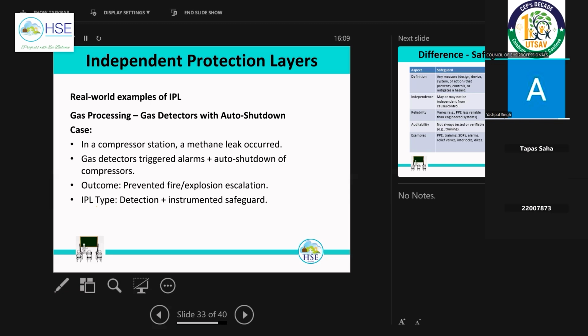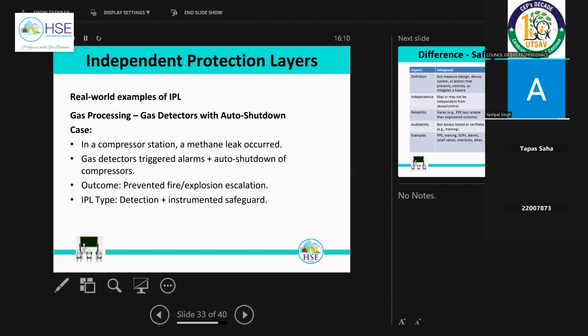A detector will detect it and the shutdown will be activated to stop the compressor. The outcome is that fire or explosion escalation is prevented, because with a release there is always early detection. So there is a basic fundamental principle to shut down the compressor.